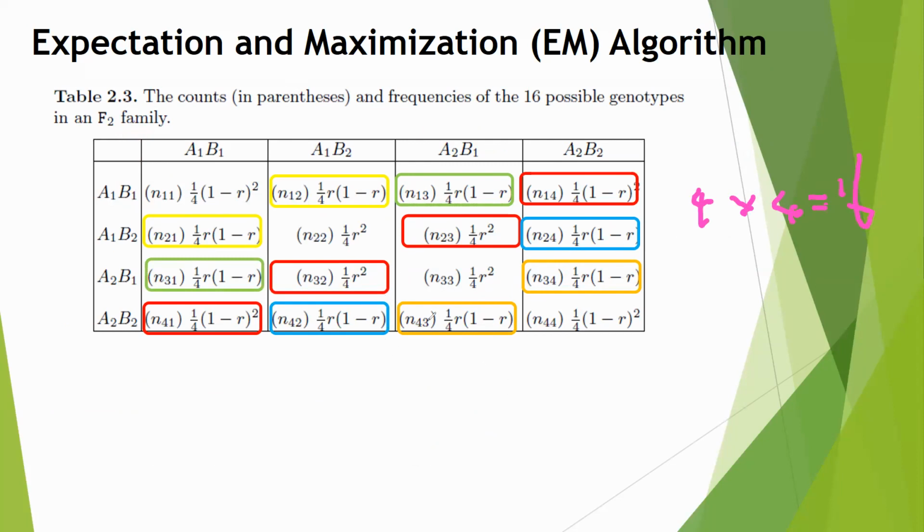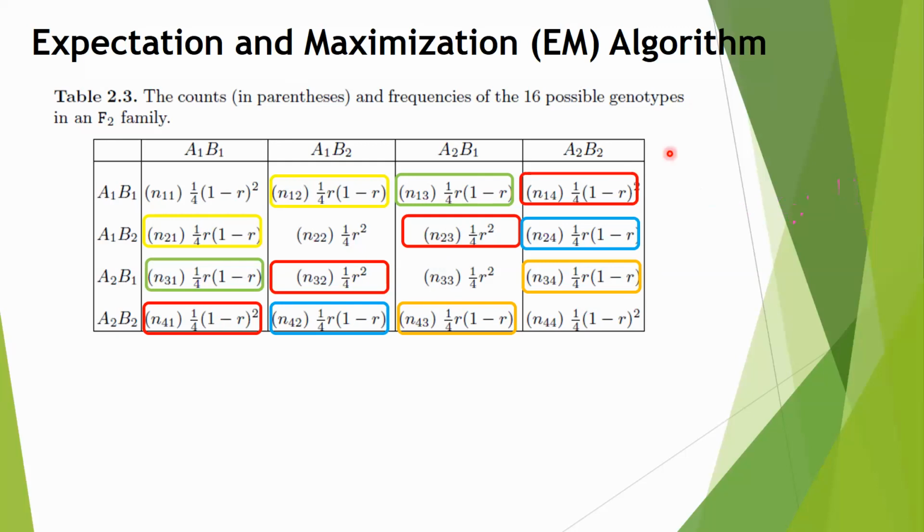The blue is one category because these two categories cannot be distinguished from each other. The same for this two, and this two, and there are another 4 categories here. So we only observed 9 categories. So you can easily see the 16 versus 9.